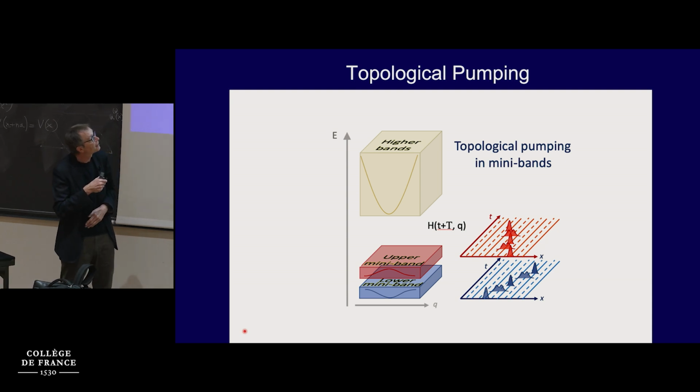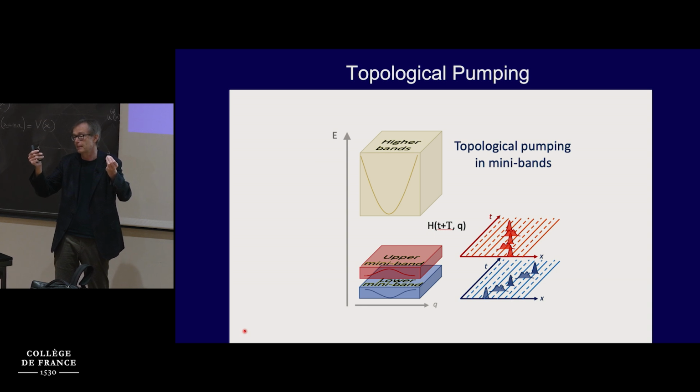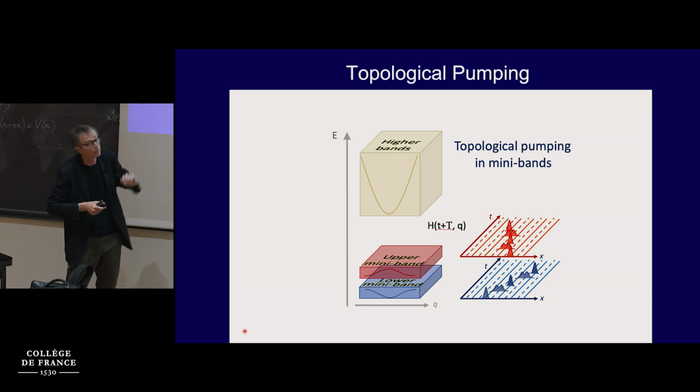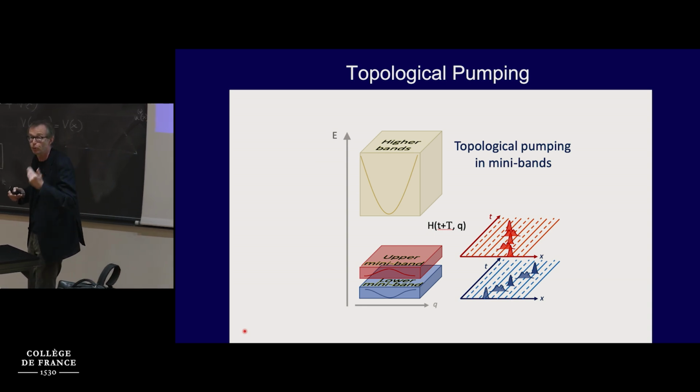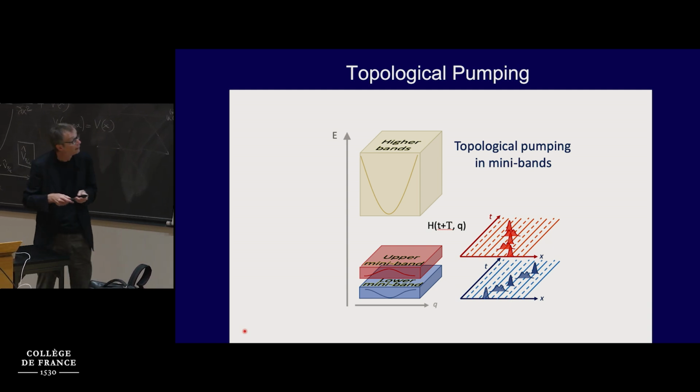In Floquet-driven systems, you usually have the problem that you drive between those bands, so you get a certain population in the higher bands, but if the atoms interact in the higher bands, they might get stuck in these higher bands. These problems don't appear since everything is happening in these 2 lower minibands.